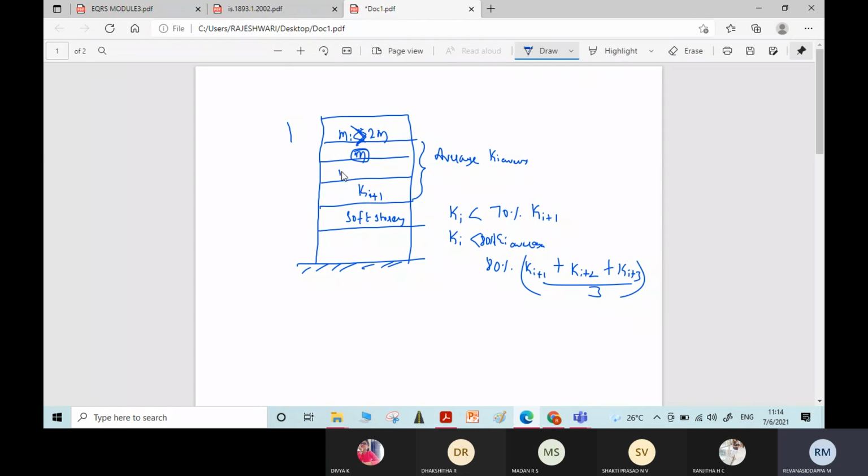Here also the same thing. This is Mi plus 1, this is Mi minus 1. If greater than 2m, then it is assumed to have the vertical irregularity or the mass irregularity. If you have a mass m at one floor, and the mass of the upper lying floor or the lower floor exceeds two times the mass of the story considered, then it will have the mass irregularity.